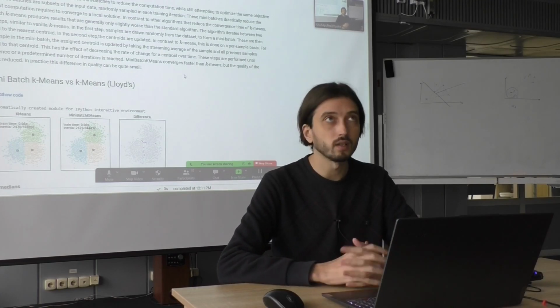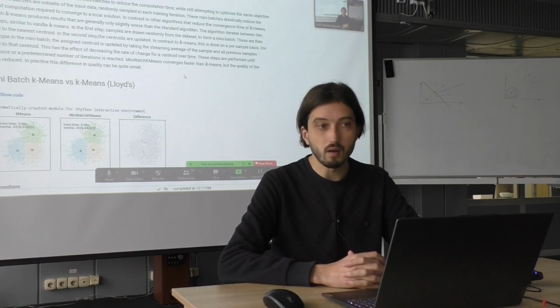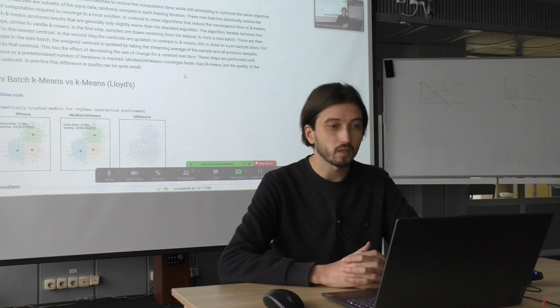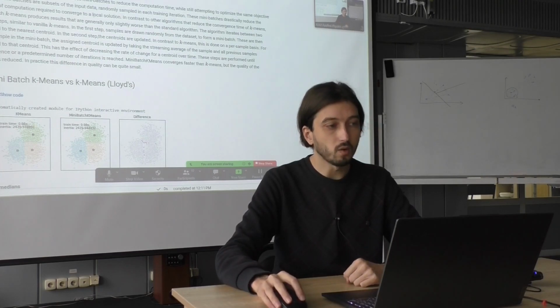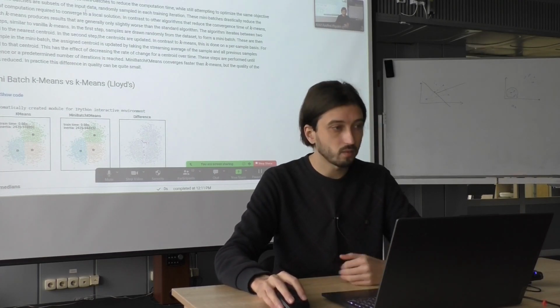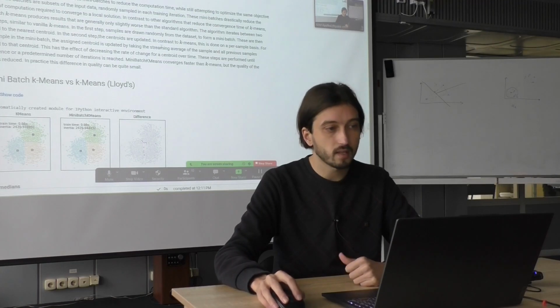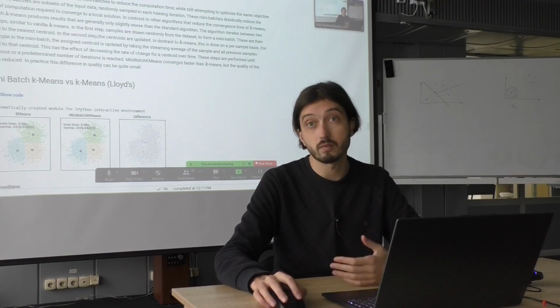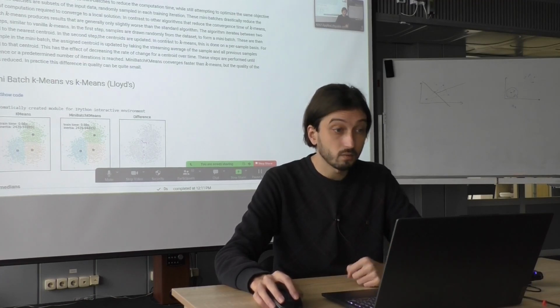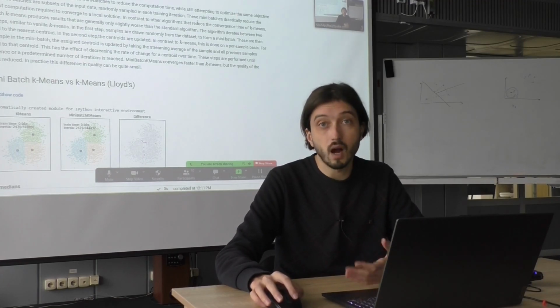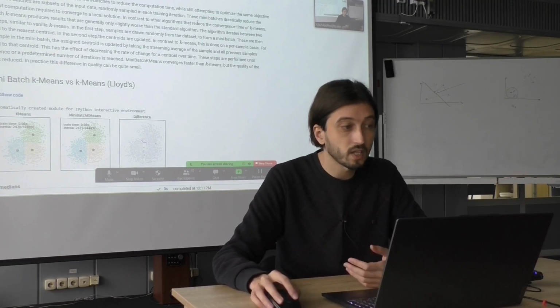So we need some algorithm or variation that will make our computation time smaller. In this case, we can use mini batch k-means. That's a variant of the algorithm that uses mini batches to reduce the computation time, while still trying to optimize the same objective function.